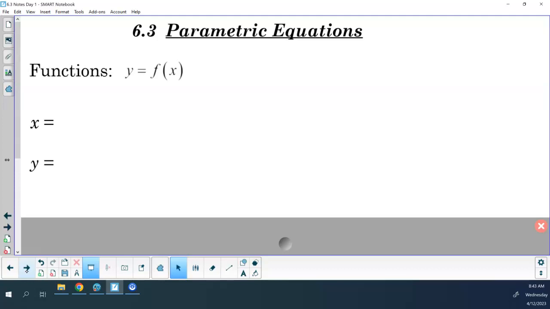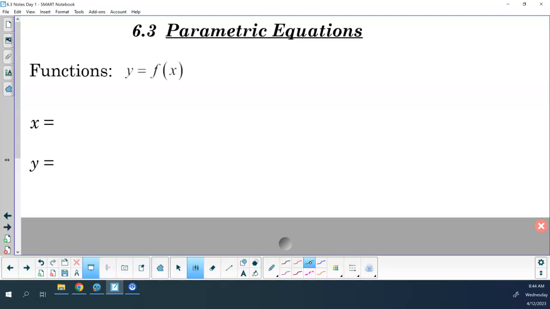You started plotting points on a Cartesian coordinate system. And you would plot the point x comma y, but how you would plot that point, you would be given some kind of a relation: y equals mx plus b, or y equals 3x squared plus 7x minus 4. And you would plot those points.